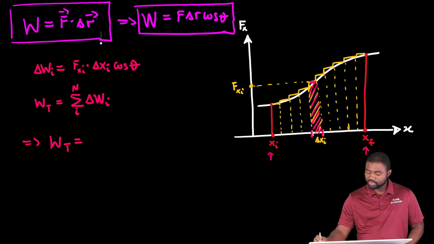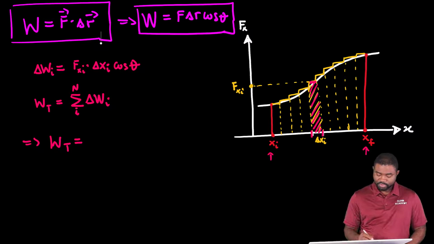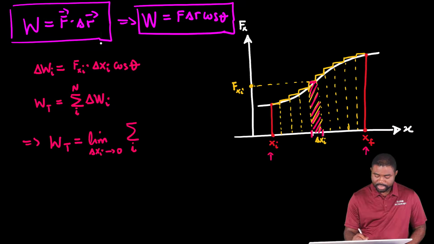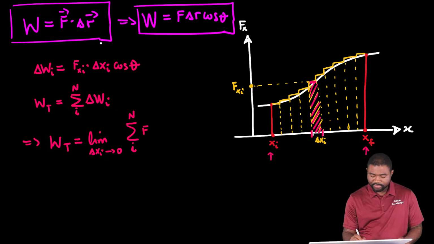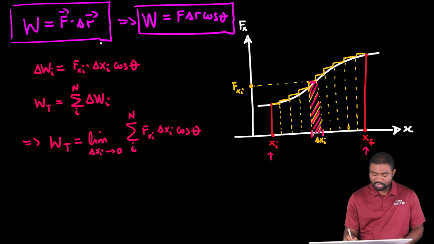Remember, there are n of these increments. So the total work done will be the limit as delta xi tends to 0 of the sum from i to n. Remember, delta Wi is just F of xi delta xi cosine of theta.